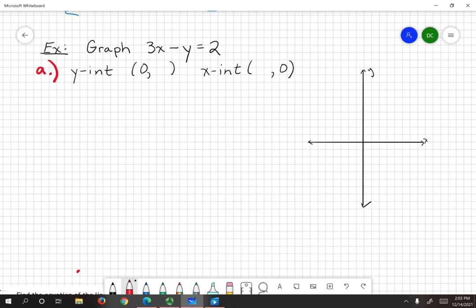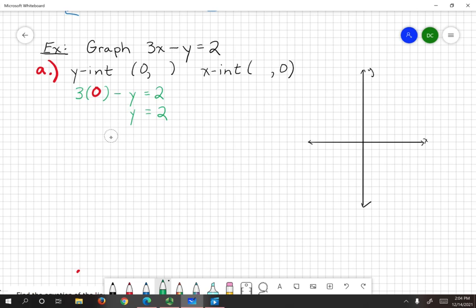All right, so let's see. 3x minus y equals 2. Plug my 0 in. Negative y equals 2. Why did I do this one? Because sometimes people get a little fooled by just that negative. This is negative 1y.